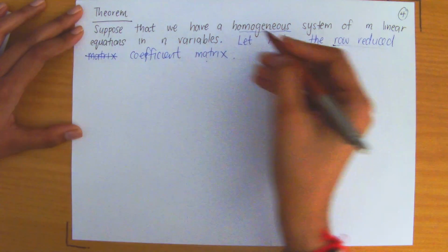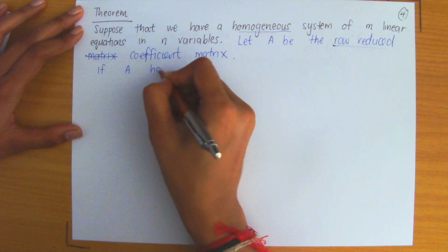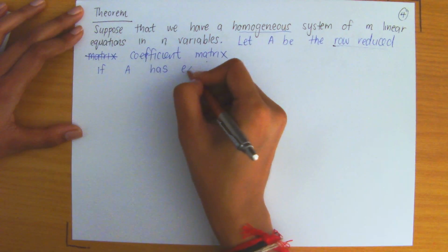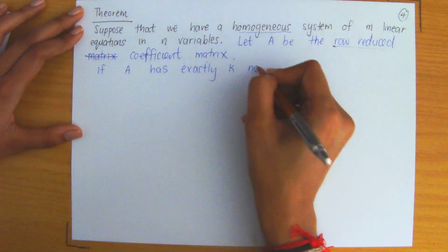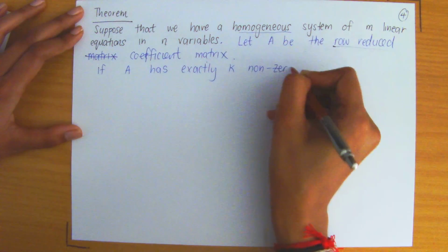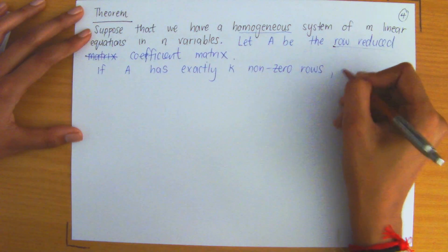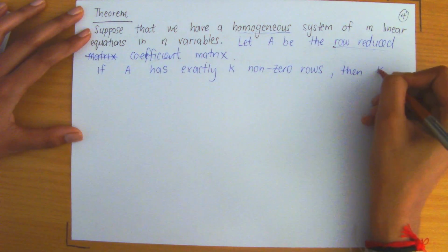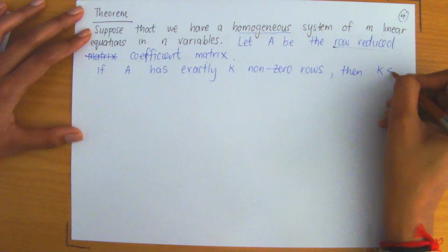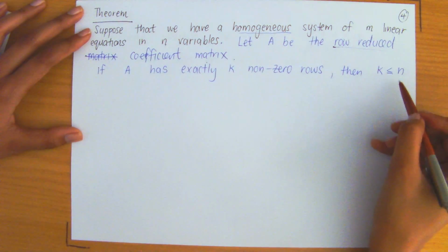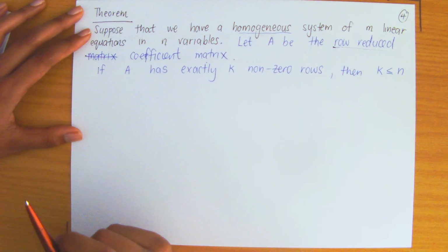Right, so if A has exactly k non-zero rows, then that k, which represents the number of non-zero rows, must be less than or equal to n. And what is n? n is the number of variables in your homogeneous system of equations.